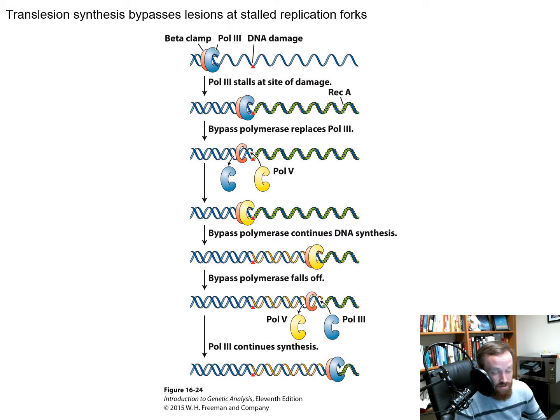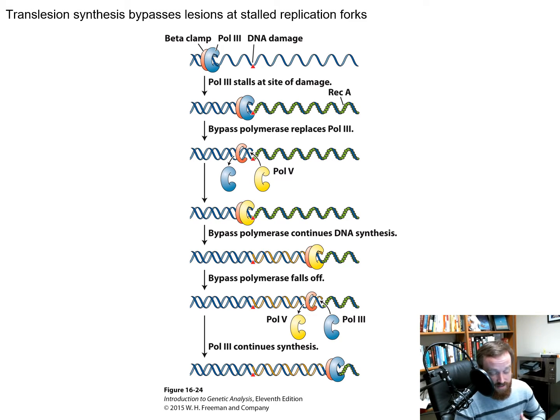So what occurs is DNA polymerase III will be using that template strand, and when it runs into this lesion or this mutated inappropriate piece of DNA, it will stall at that point, and these little proteins called RecA will come in, and they will bind to preserve that single-stranded DNA from being attacked or binding to other things, like we saw with those single-stranded binding proteins previously.